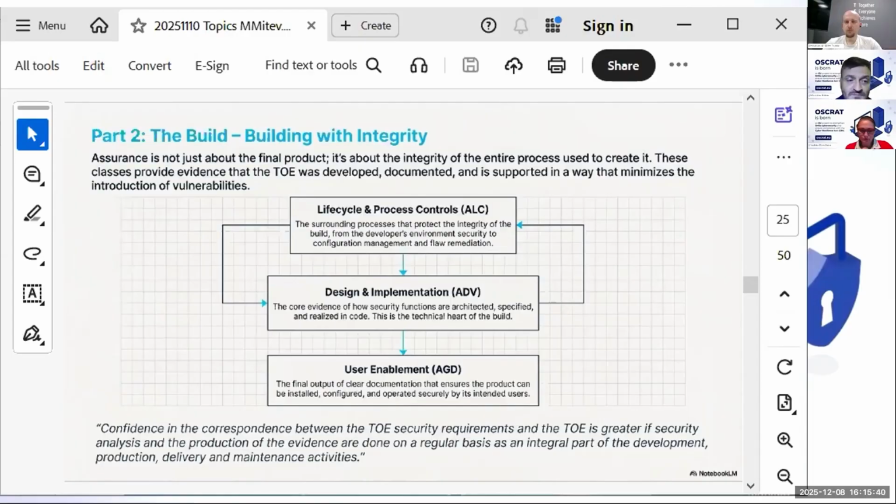The AGD class gives the guidance that helps users operate the product securely. The message at the bottom of the slide highlights that trust is stronger when the TOE security requirements match the actual design and when the developer produces evidence regularly. This shows the importance of discipline and documentation in secure development.